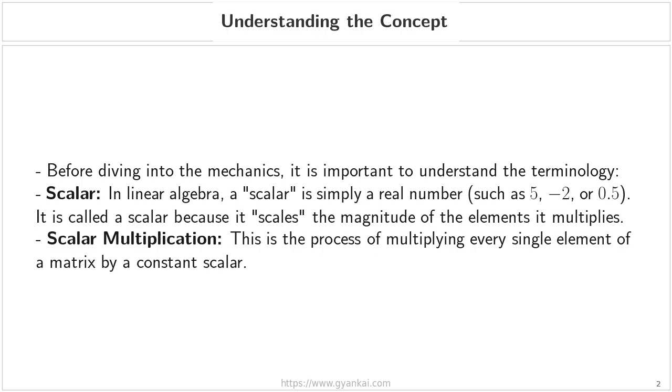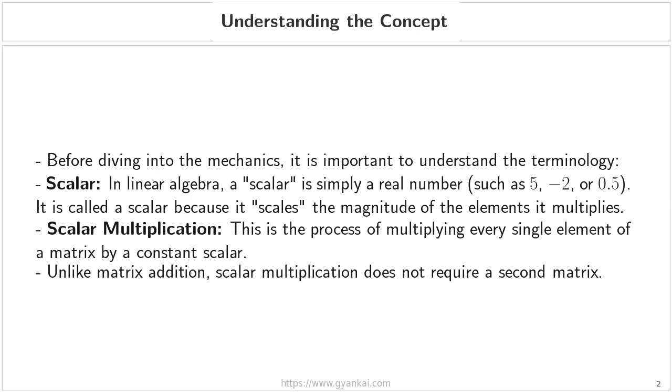Building on this, scalar multiplication is the process of multiplying every single individual element within a matrix by that constant scalar value. It is important to note a key distinction here. Unlike matrix addition, which requires two matrices of the same dimensions to be compatible, scalar multiplication does not require a second matrix.